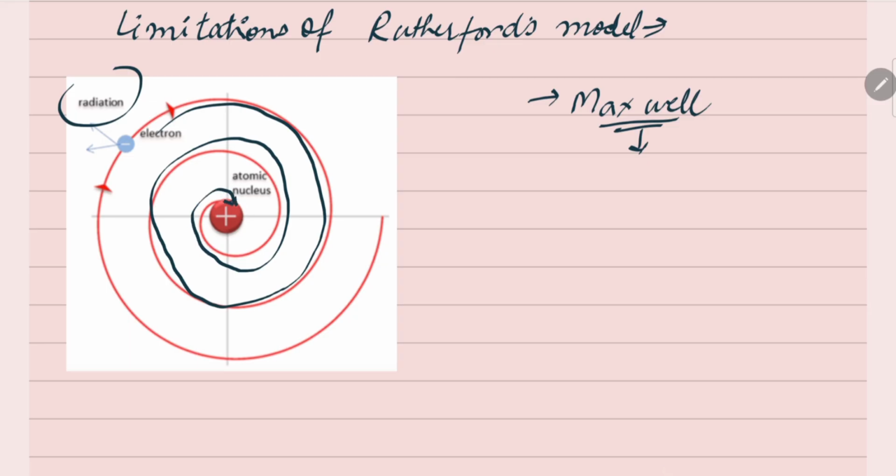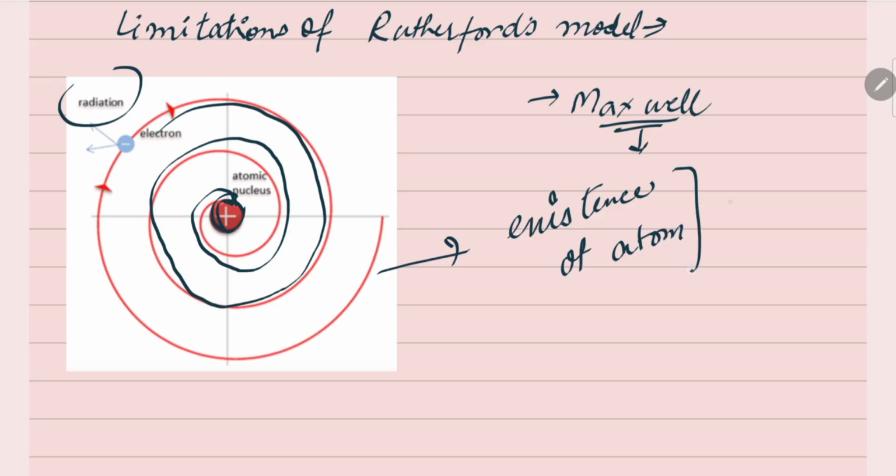And if it happens, at the end this electron should fall into the nucleus. And if that happens, then the atom should never exist. So the existence of the atom was a question mark according to his theory. He could not explain the stability of an atom.